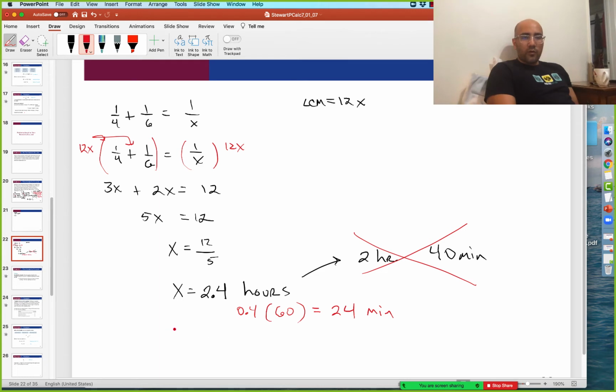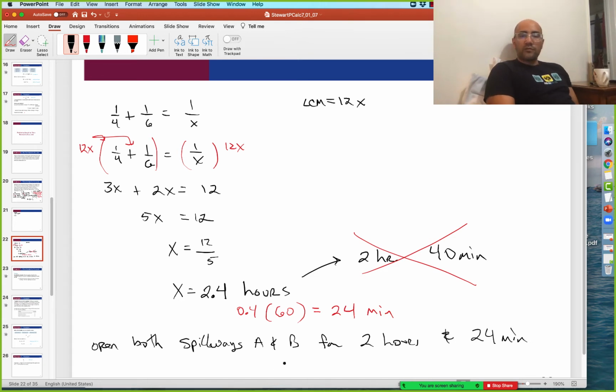We want to open both spillways A and B for 2 hours and 24 minutes, and the reservoir level will be lowered by 1 foot.